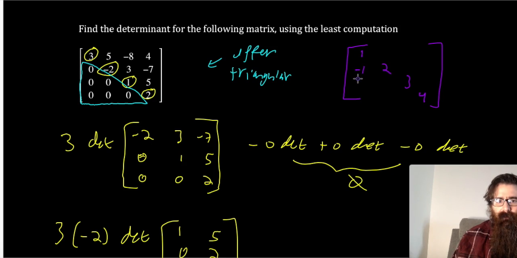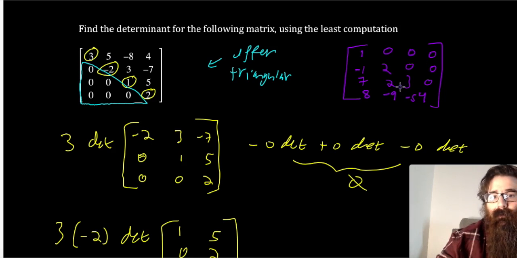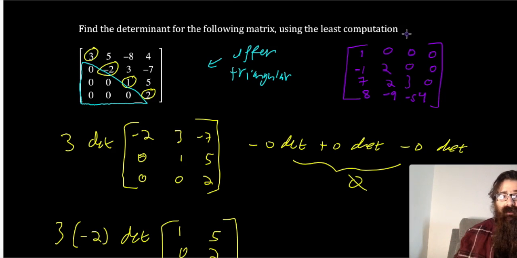So let's do -1, 7, 2, 8, -9, -5. And this is lower triangular, and everything above that main diagonal has to be a 0. Kind of looks a little jumbled together, but this here would be what's referred to as a lower triangular matrix.